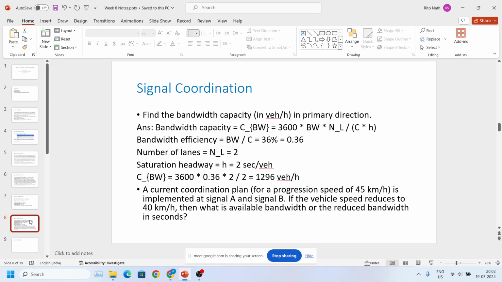And okay, so what you have to do is, let's see. You have two signals A and B, which are 300 meters apart. First vehicles start 0.